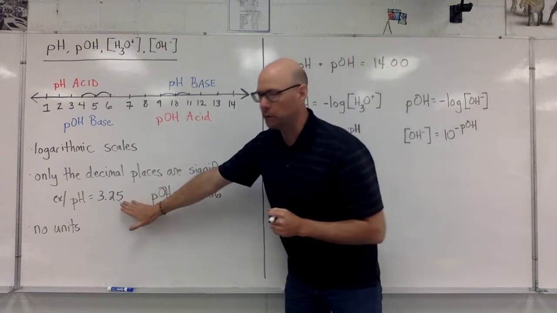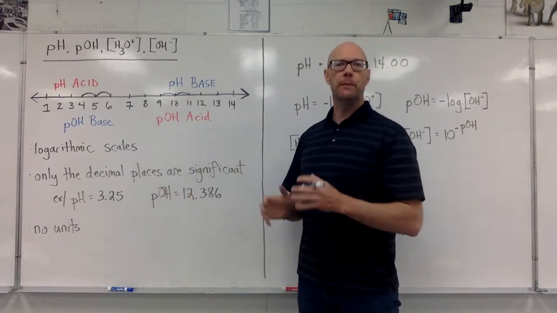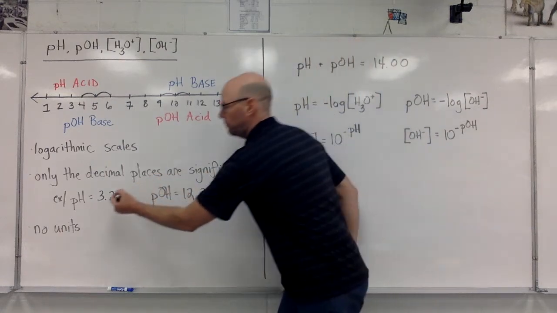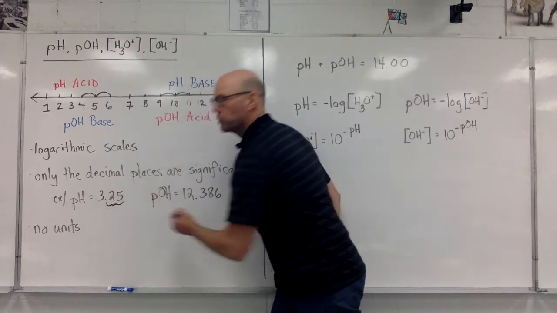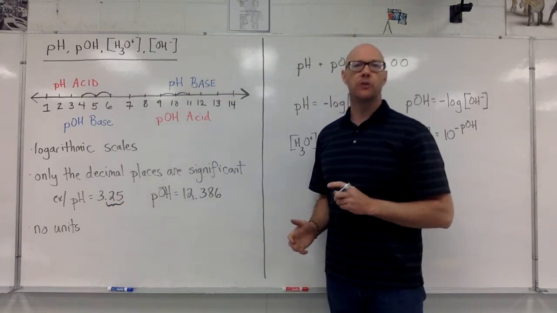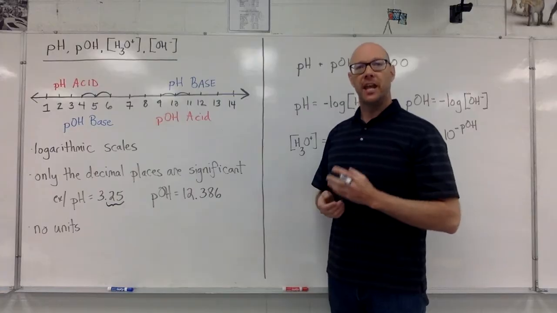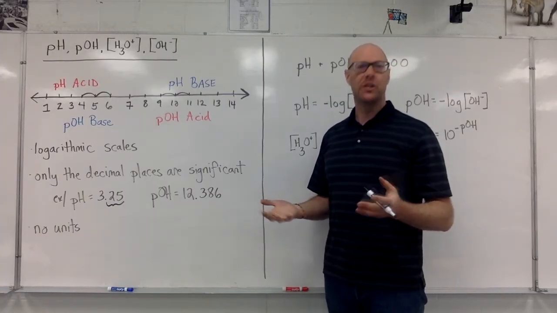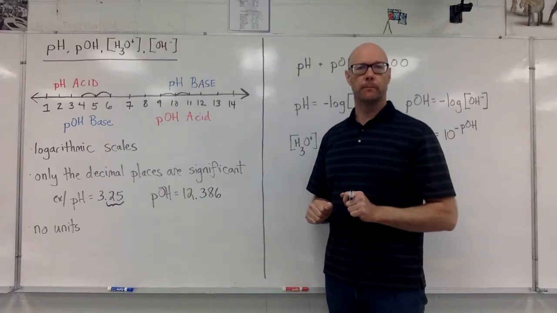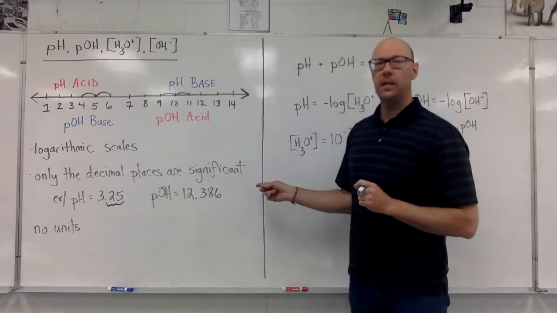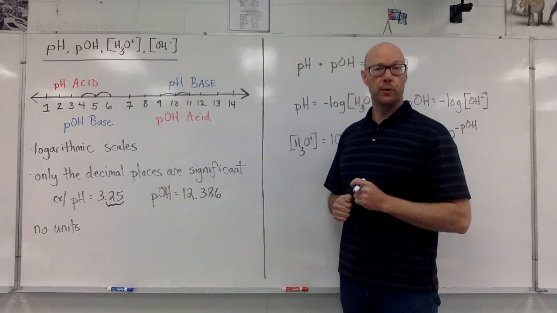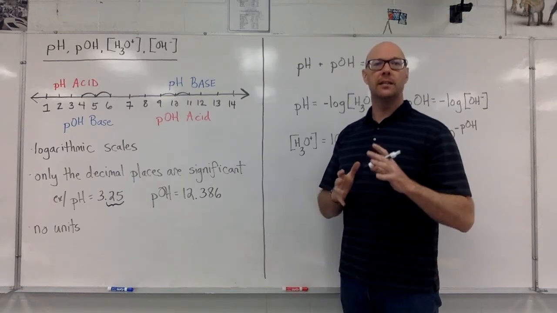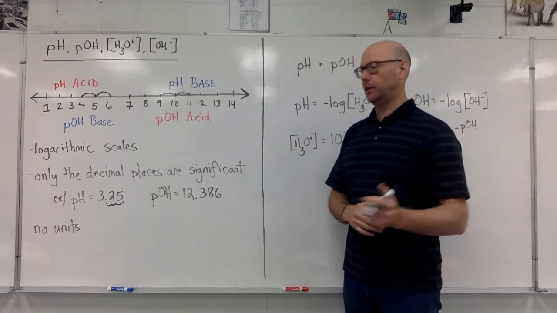So for example, if we have a pH of 3.25, it only has those 2 decimal places. At first glance, it might feel like 3.25 has 3 significant digits, but it actually only has 2. The same with a pOH, 12.386, only the decimal places are significant.